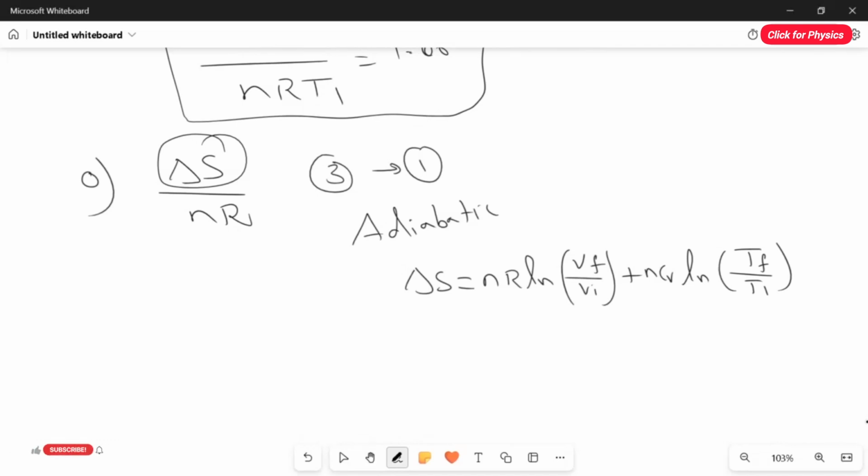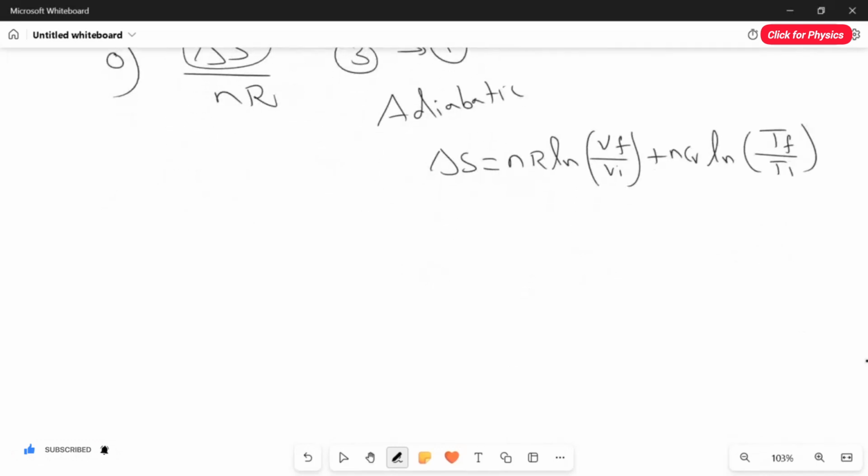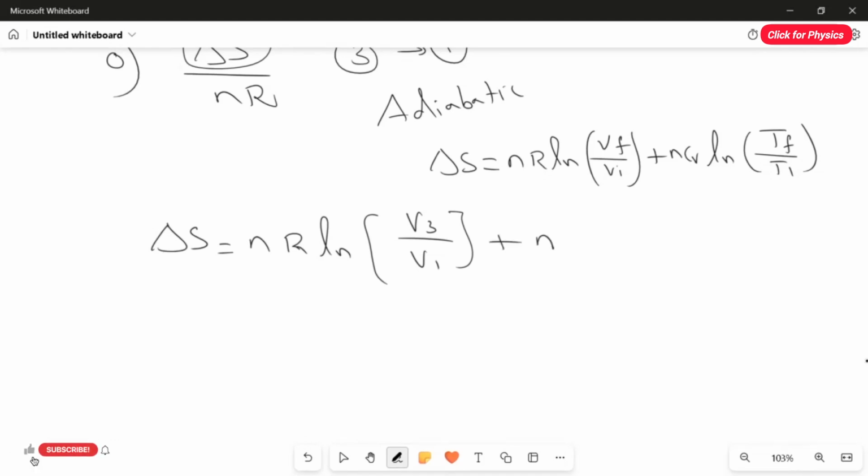Clear? So let's take this rule, and in place of final and initial, I have to substitute 3 and 1, because we are considering the process from point 3 to 1. So delta S is equal to nR natural log of V3 over V1, plus n times CV, which is 5 over 2 times R, natural log of T3 over T1.